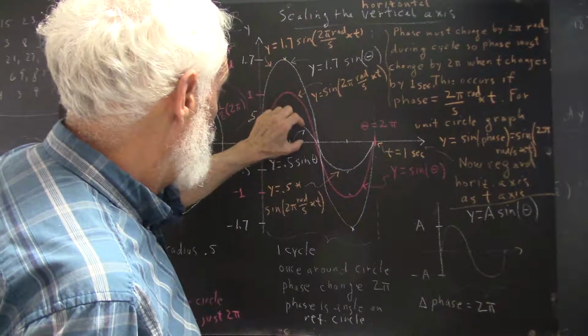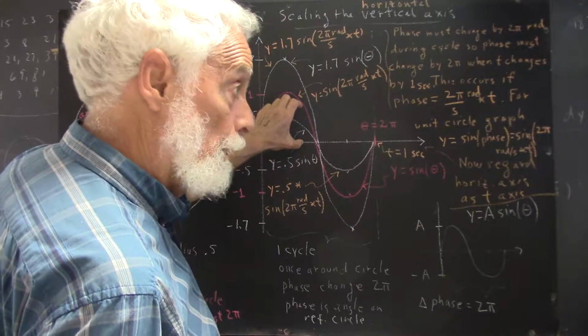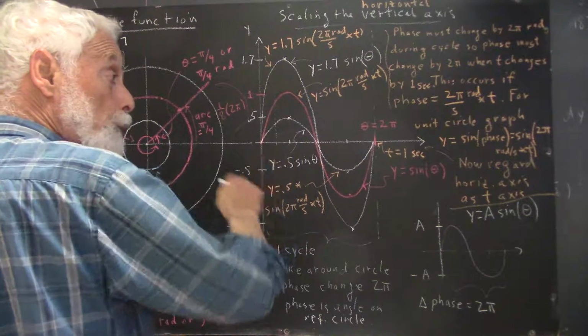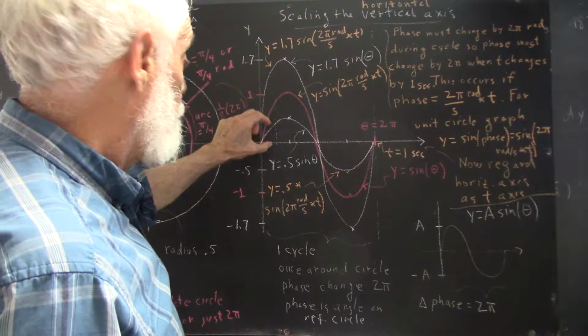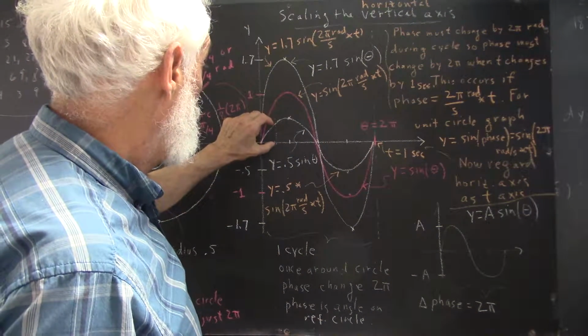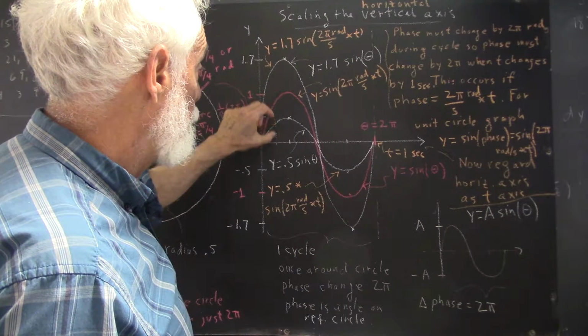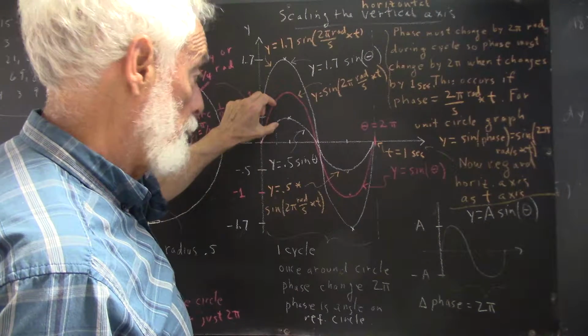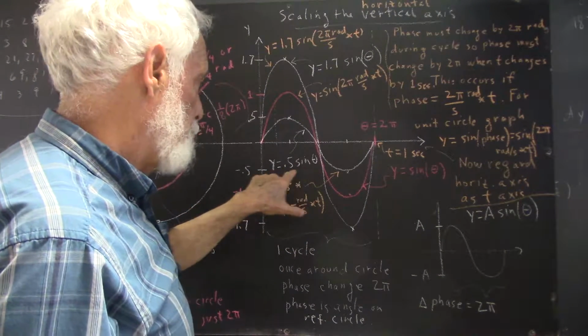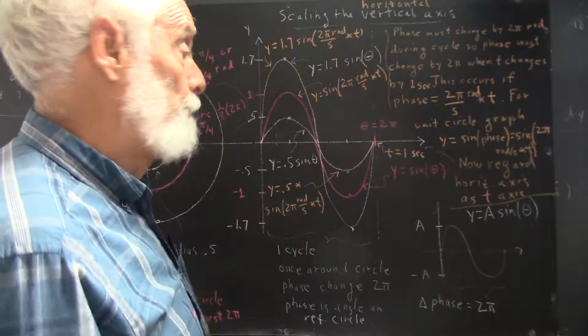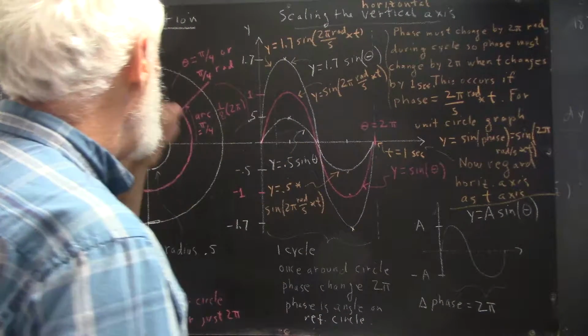So the y value for this graph should be 0.5 of the y value for this graph. And if you draw a vertical line anywhere along this axis, if the graph has been constructed accurately, then this y-coordinate will be half of this y-coordinate. Again, because here you're multiplying sine theta by 0.5, here you multiply sine theta just by 1. You have just plain old sine theta.